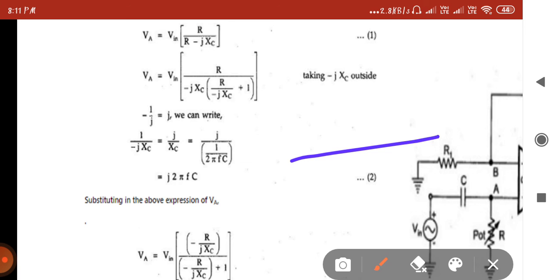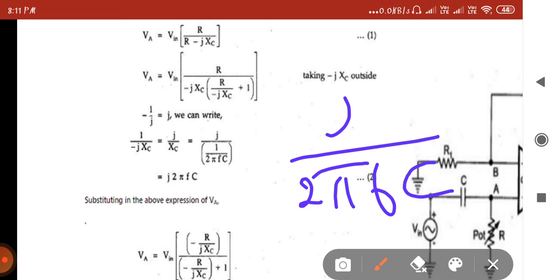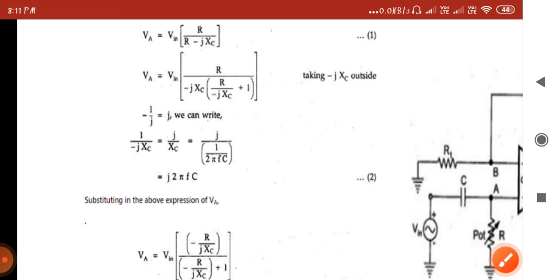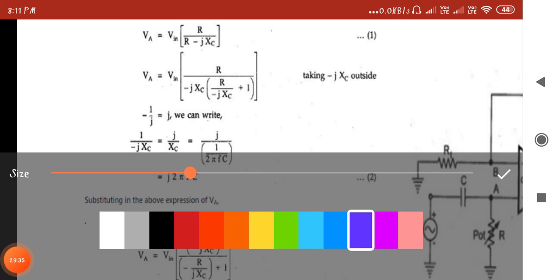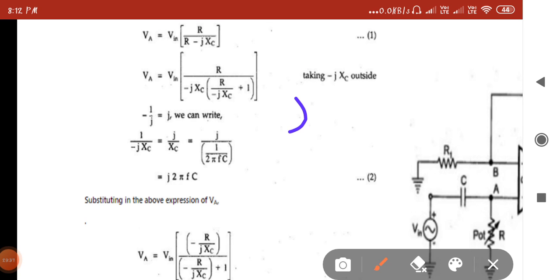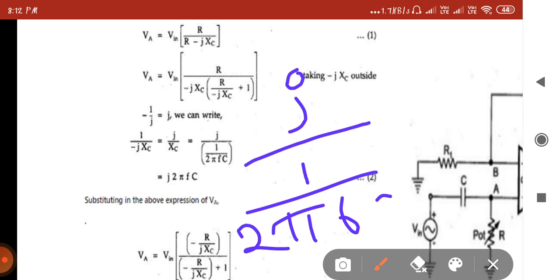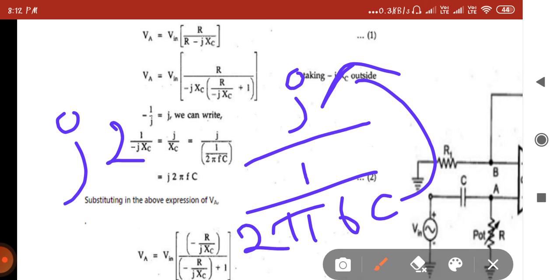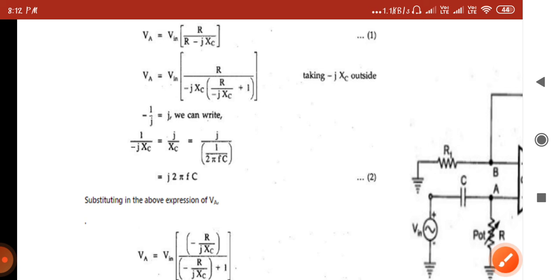Before going to study about this, XC equals to 1 by 2 pi FC. It goes to the numerator, J into 2 pi FC.